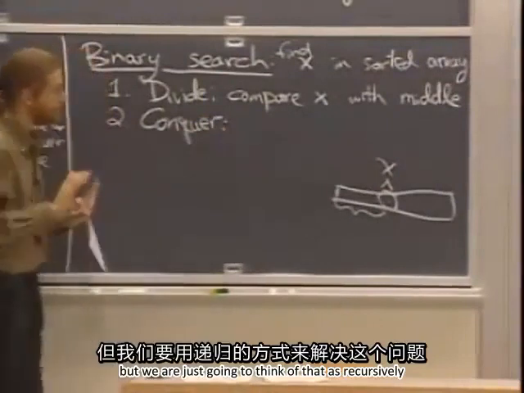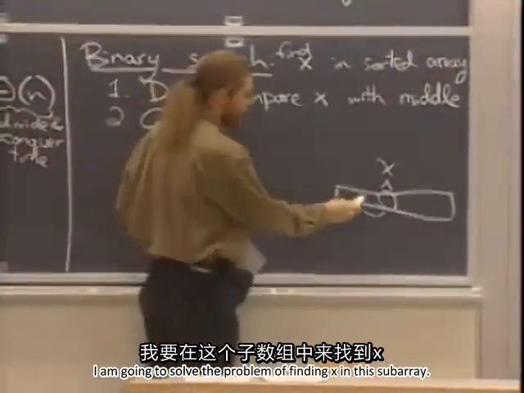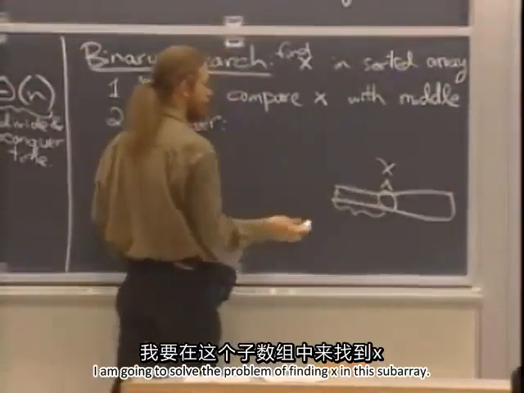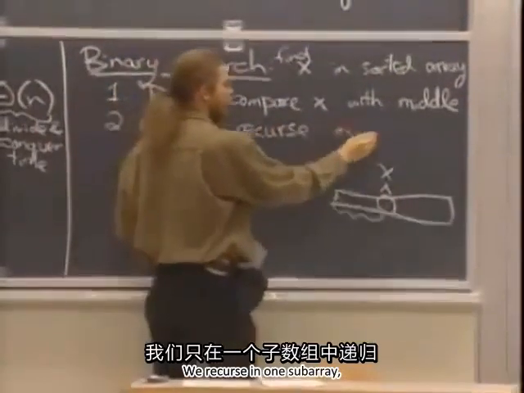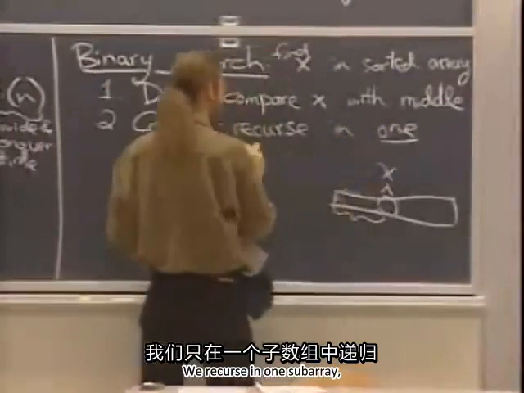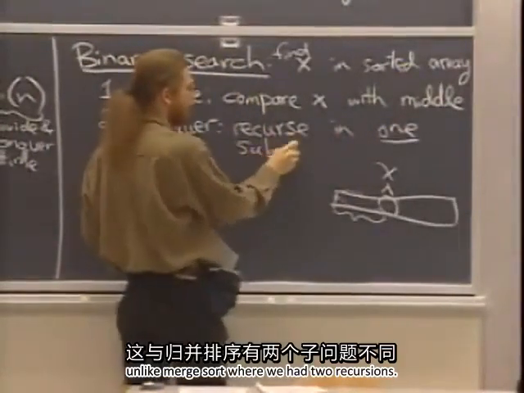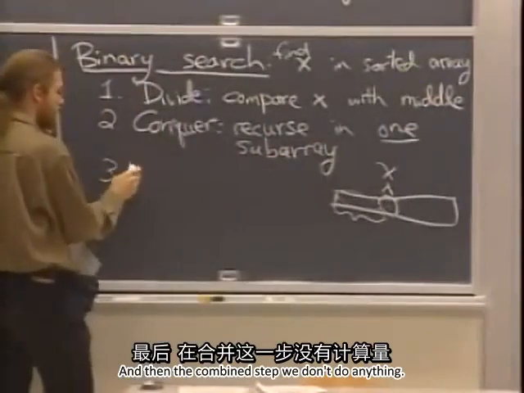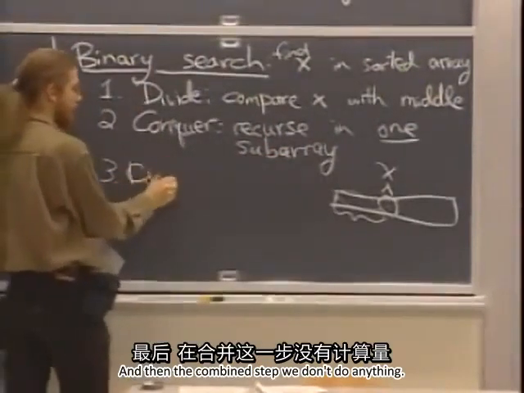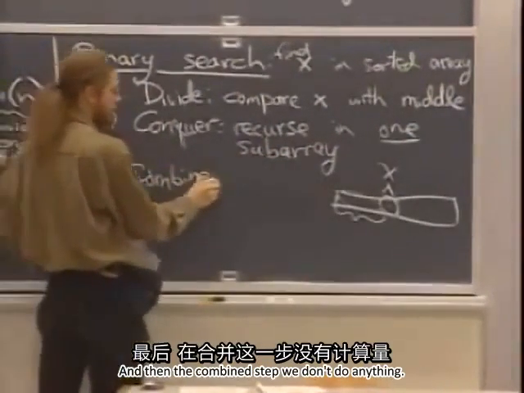But we're just going to think of that recursively. I'm going to solve the problem of finding x in this subarray. So we recurse in one subarray, unlike merge sort where we had two recursions. And then the combine step, we don't do anything.